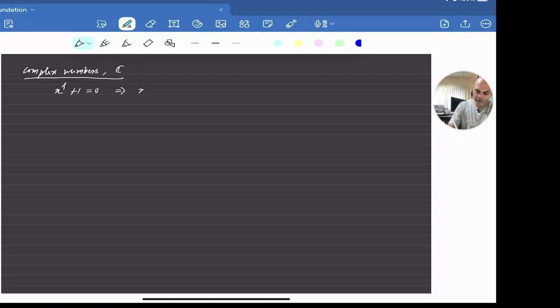This gives us x square equal to negative 1, x equal to plus or minus square root of negative 1. So square root of negative 1 is what we denote as i. So this number is an example of a complex number.